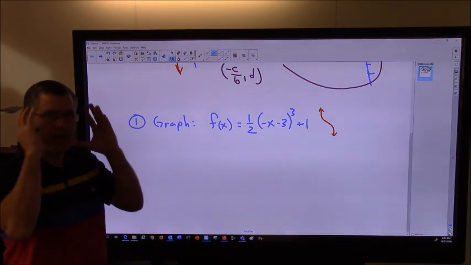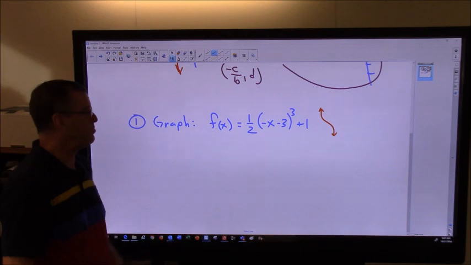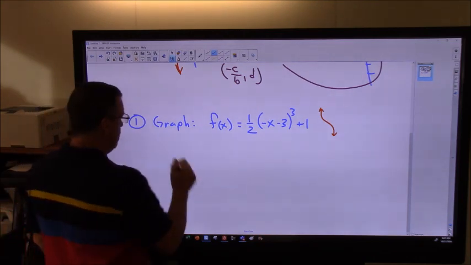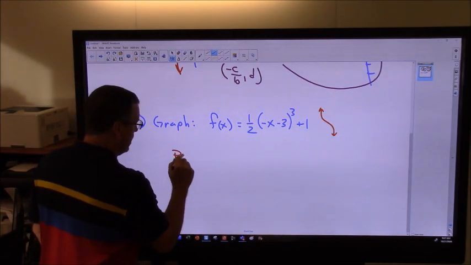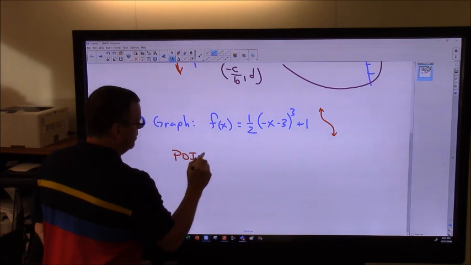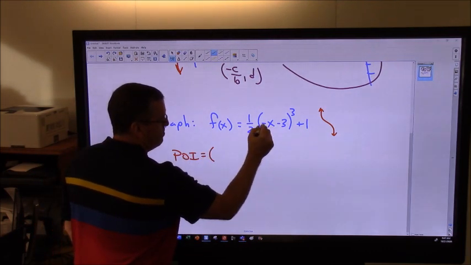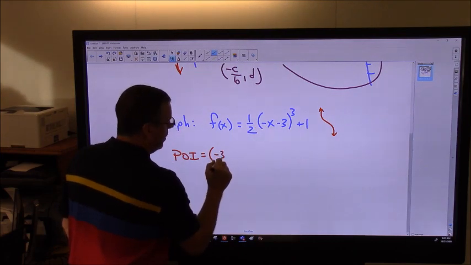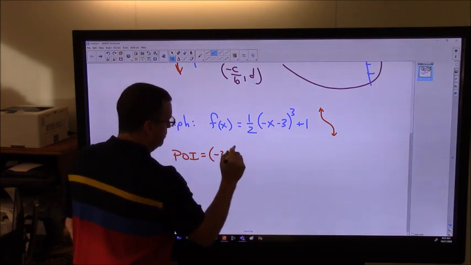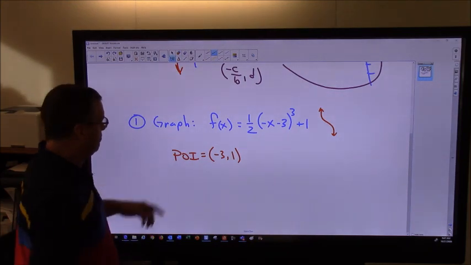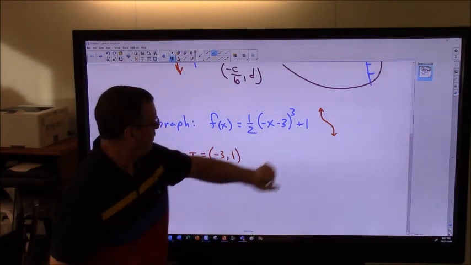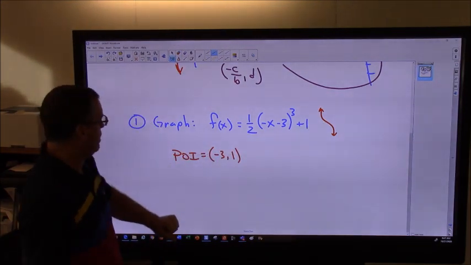I just want to get it straight in my head what the graph is supposed to look like. Okay, so now my point of inflection, that's my key point, is at negative c over b. So 3 divided by negative 1, that'll be a negative 3, comma 1. So I know where that point of inflection is at, I know what the graph looks like.